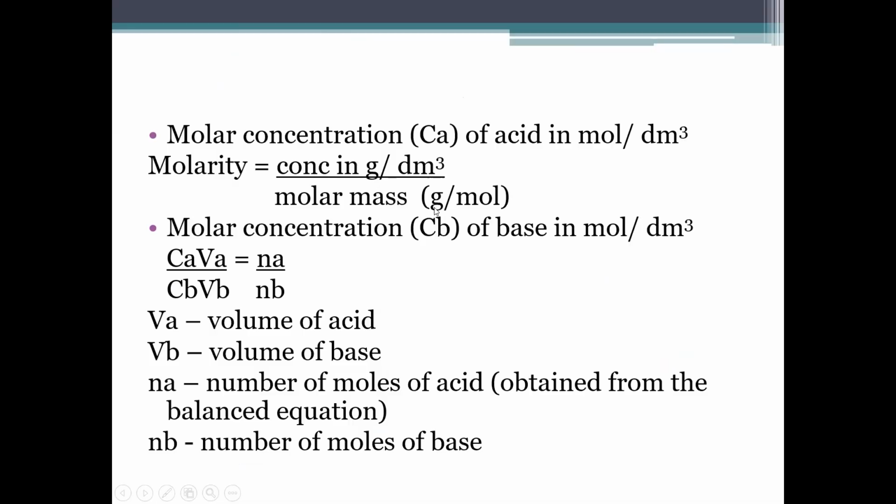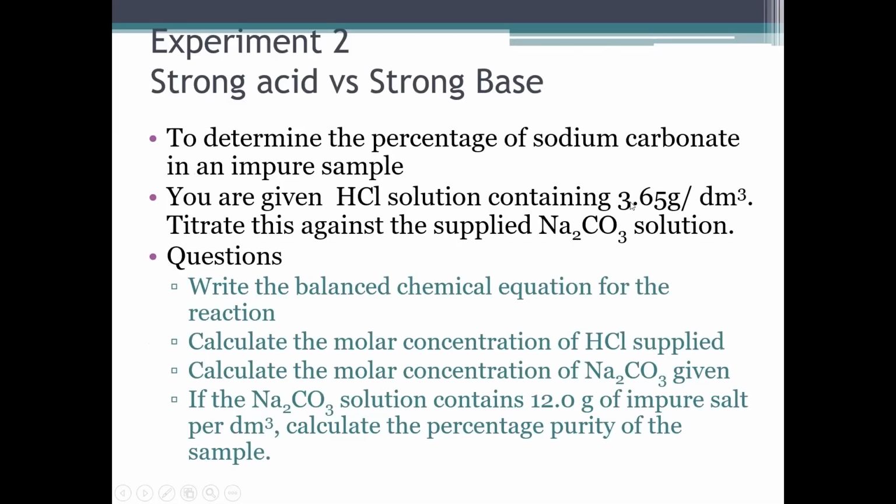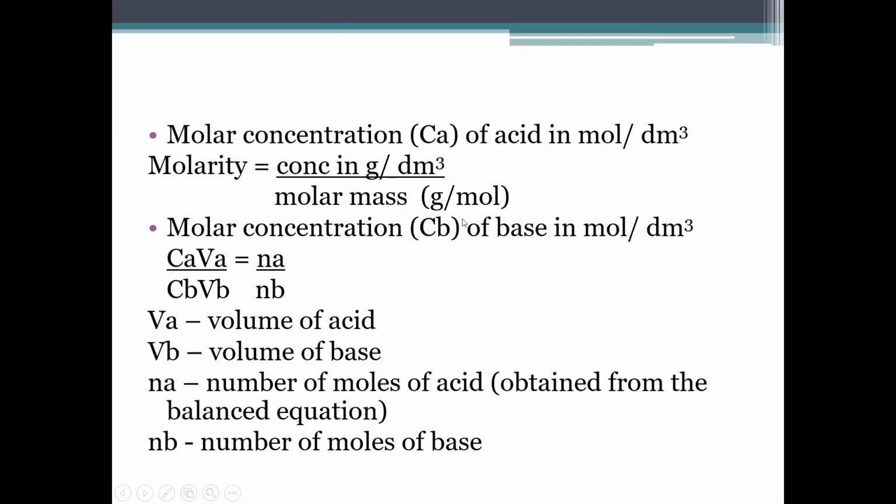When grams cancels grams, you have your concentration in moles per dm cubed. So the question is, you have 3.65 grams per dm cubed. You calculate the molar mass of your acid in grams per mole. Then that will give you your concentration in moles per dm cubed.